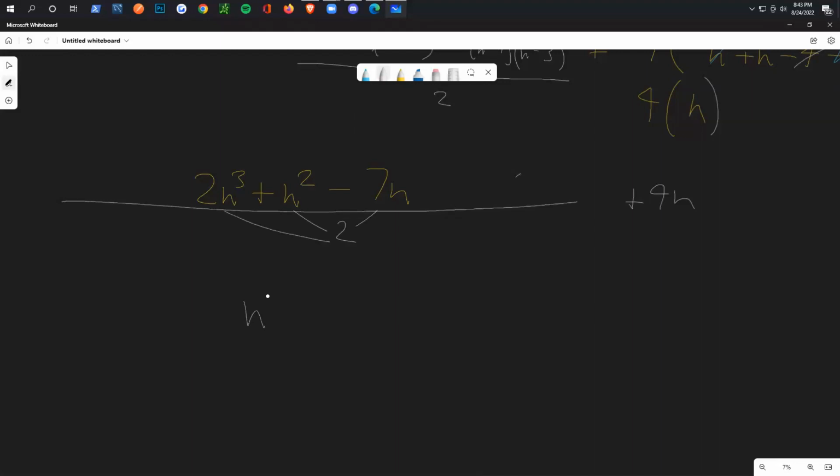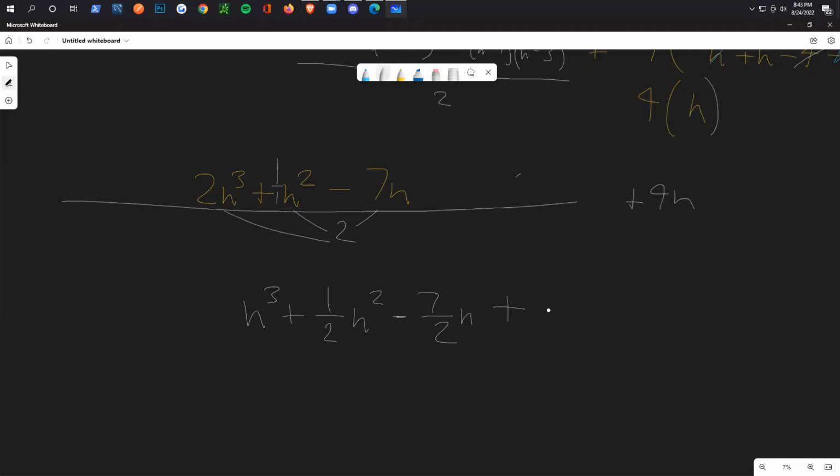So it's going to give us n to the 3 plus, if you divide something like just over itself, this has a 1 over 1. So divide that by 2 is just 1/2 n squared. Then we have minus 7 over 2 n, right?